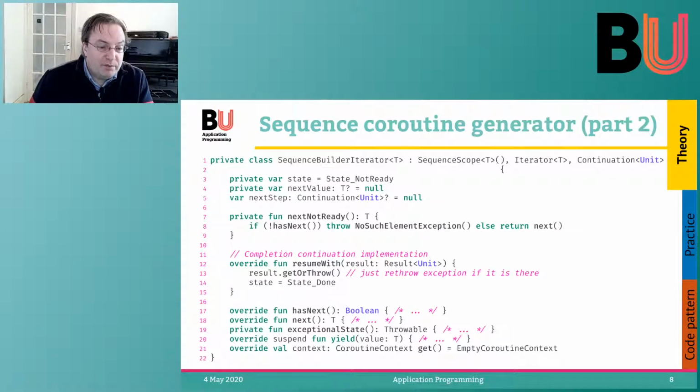So then there is the function resume with, because when we look at line 1, we can see that we implement sequence scope, which is our parent class that we defined, that we looked at in the previous class. Basically the one that provides yield. If we are providing this iterator also as the scope object, we need to implement that, and we only need one object.